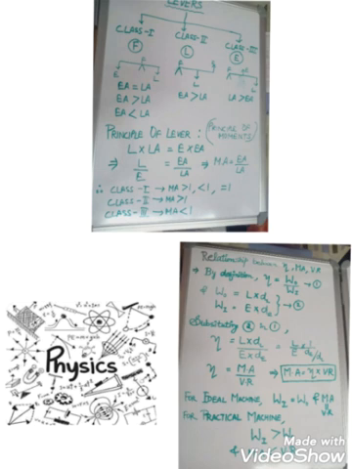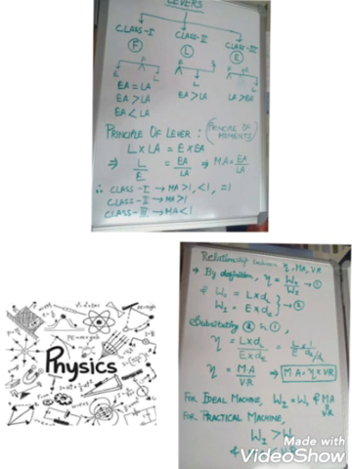As we know, work input is given by effort and displacement of effort, that is E into dE, and in the same way work output is given by L into dL, that is load into displacement of load. Efficiency is work output to work input. So if we substitute the values, we get L upon E into dL upon dE, or L into dL upon E into dE, right?